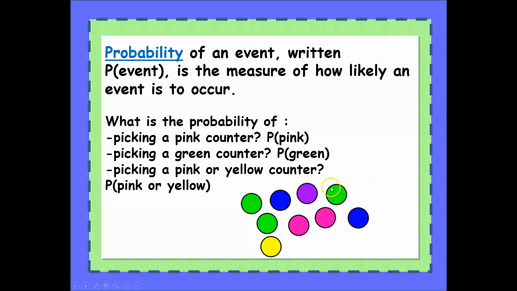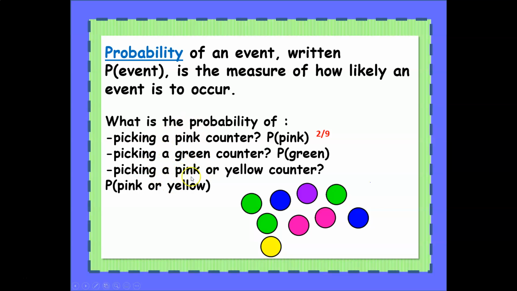If you look at all of our counters, you count how many counters we have in all, and that is going to be your denominator. So we have 3, 6, 9 counters, and 2 of them are pink. So you would get 2 out of 9, or the probability of drawing a pink is 2/9.